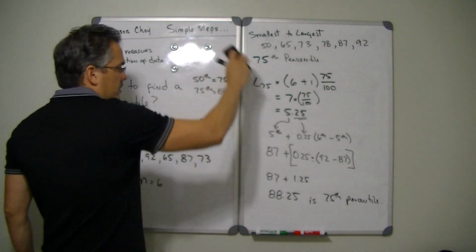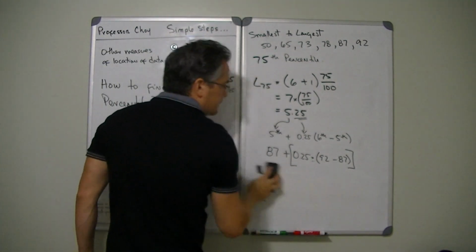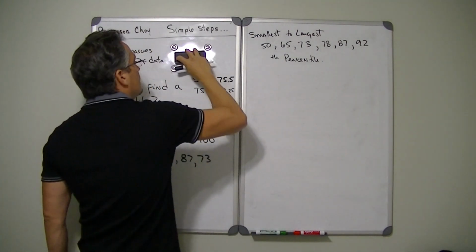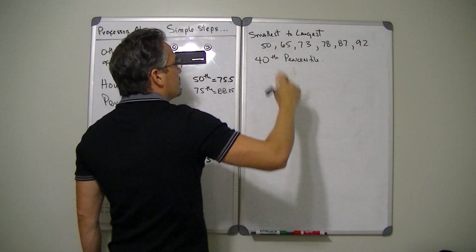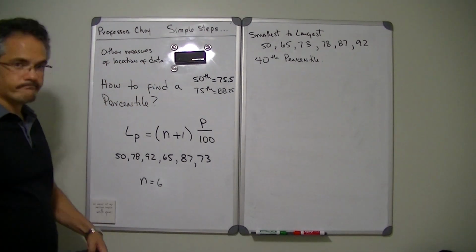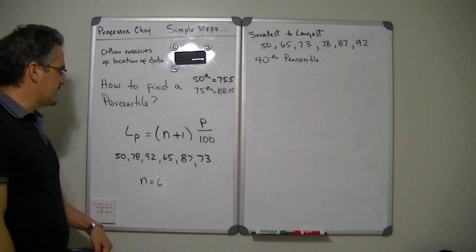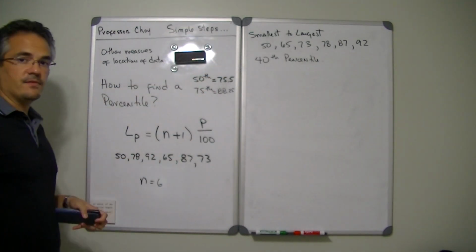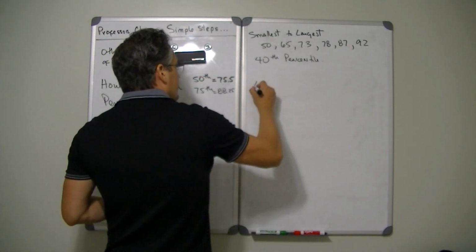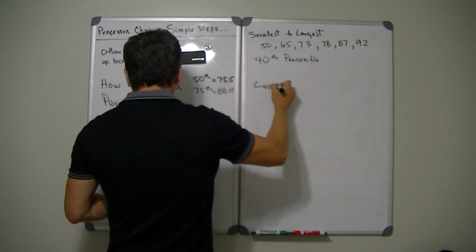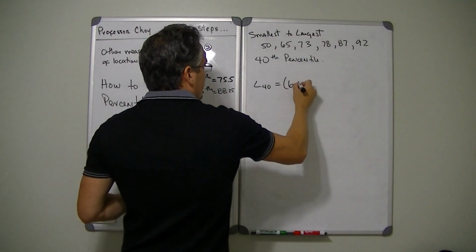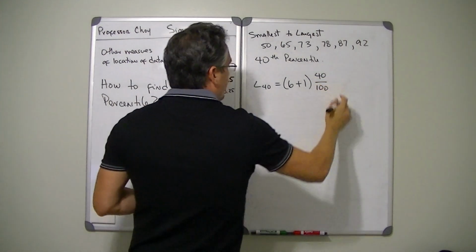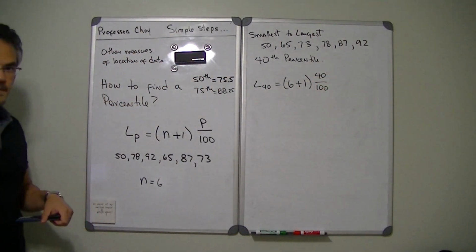So let's go on the hunt for any other percentile to do one last example. So let's try to calculate the 40th percentile. Okay? The 40th percentile. So now we're going to take that 40 and substitute that P for the 40. So it's going to be L40 equals 6 plus 1, times 40 over 100. Okay?